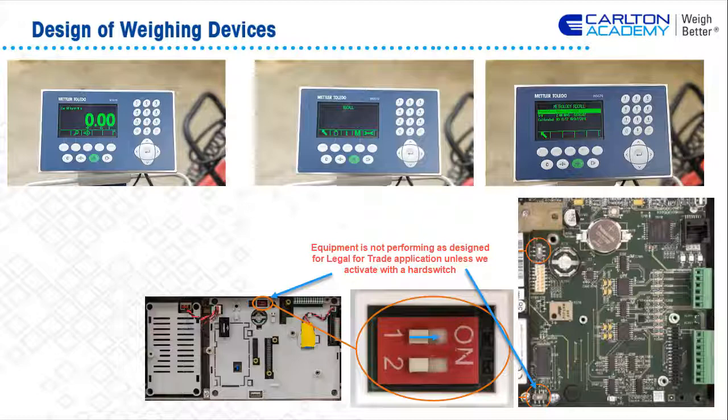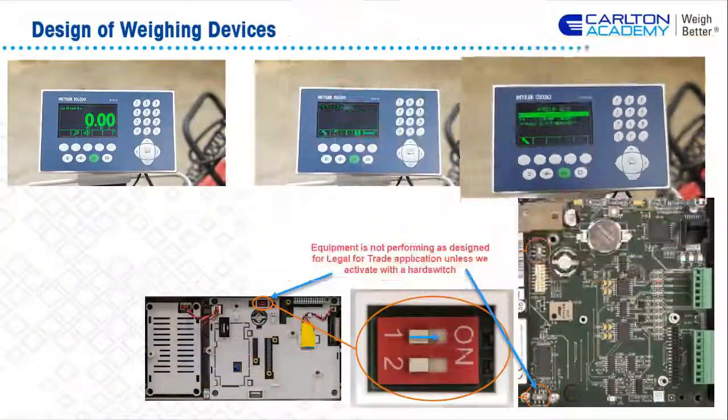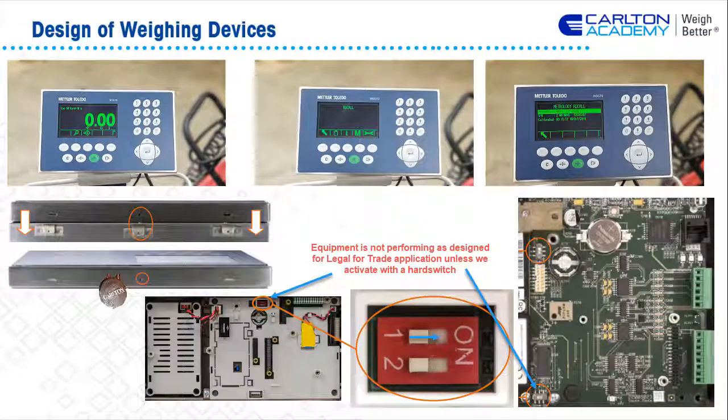You can see here how simple it is for the inspectors to identify a non-approved scale in a legal for trade application. Simply placing a security seal on the terminal does not make it approved for legal for trade applications. We must flip the switch. This switch, along with the security seal, provides assurance to the official inspectors that the device is not being used for fraudulent activities.